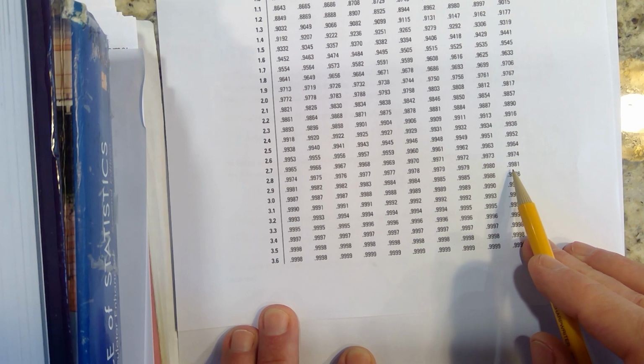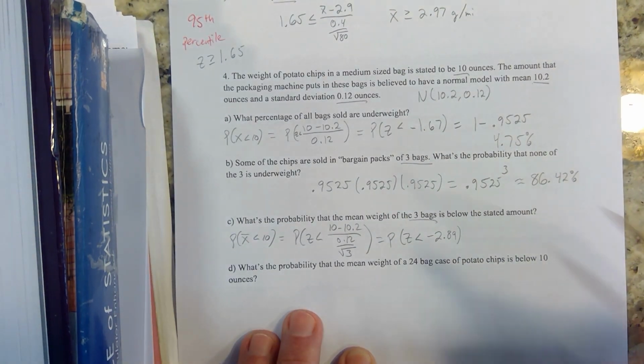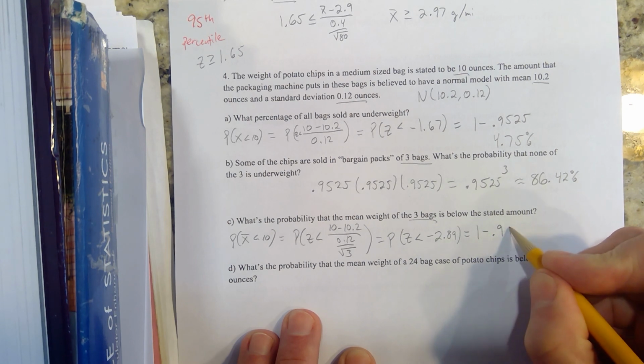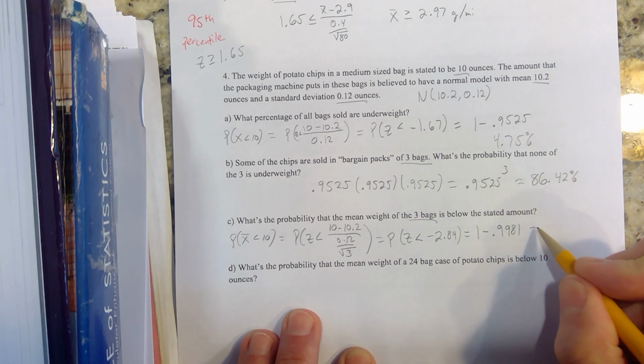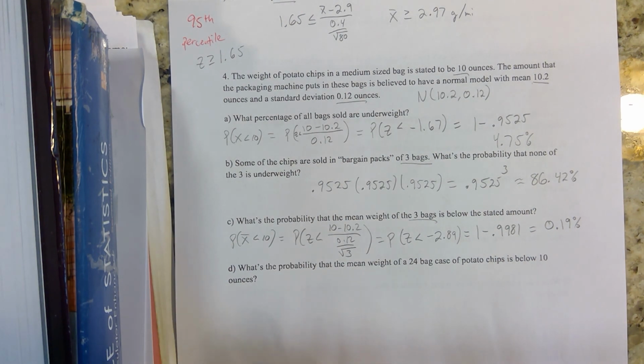Right, 1 minus that because we're talking about a negative, and we are looking up a positive, so pretty darn unlikely, actually. 0.19% chance, pretty small.